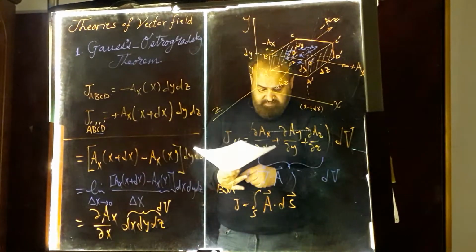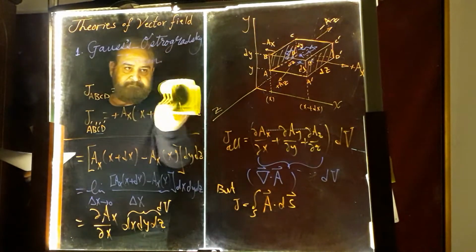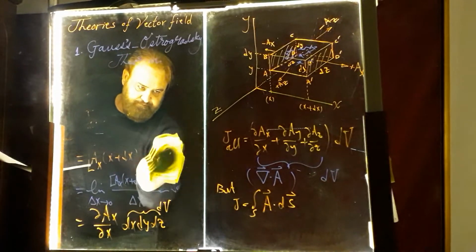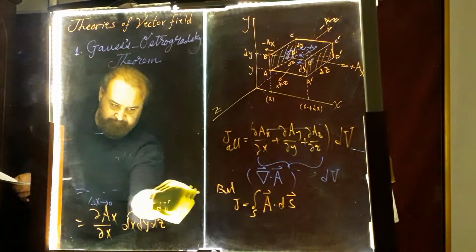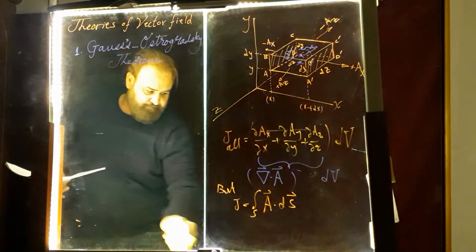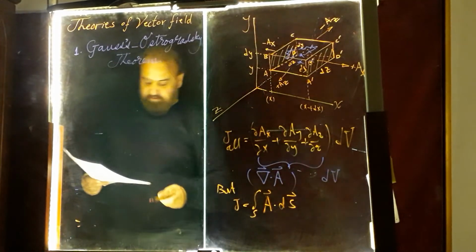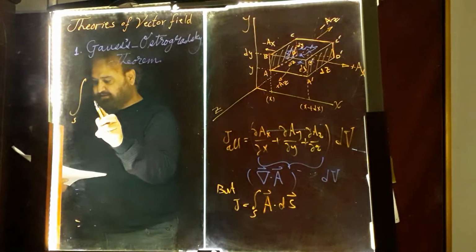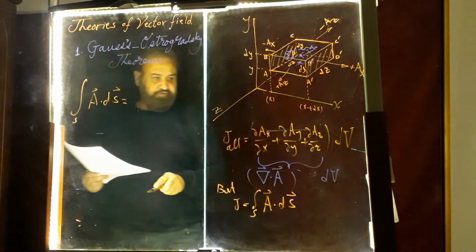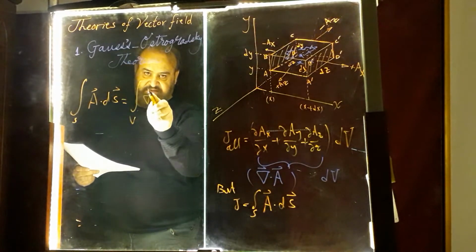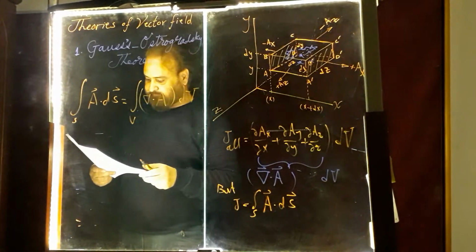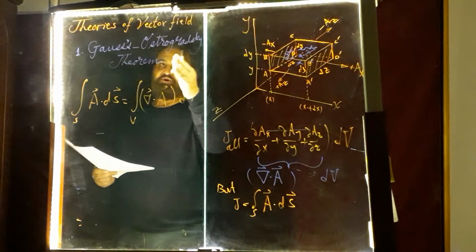So I can write now the surface integration of A dot dS equal to the volume integration of the divergence of A times dV, which is called the Gauss-Ostrogradsky theorem.